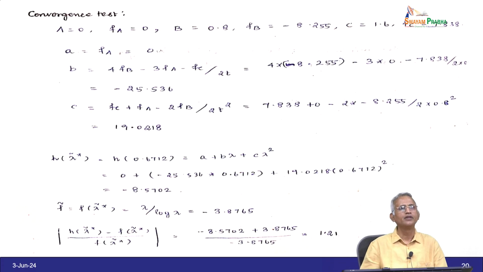Now, we have to do the convergence test. A equal to 0, Fa equal to 0 you know already found, B got it, Fb got it, C got it, Fc got it.